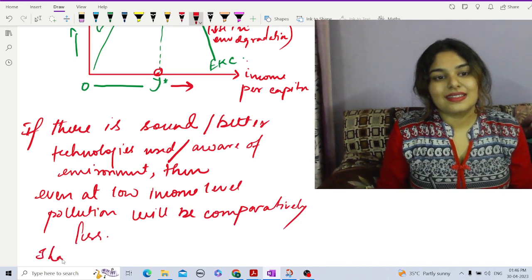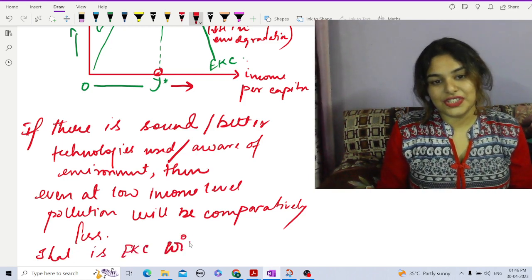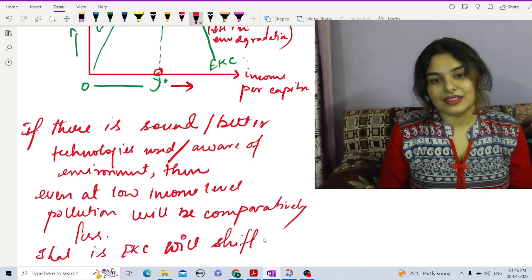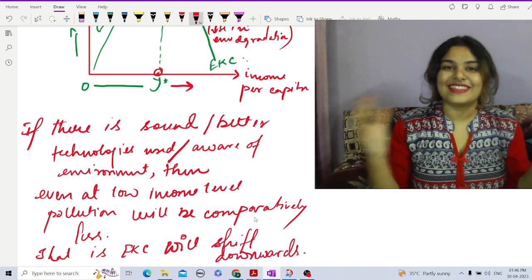That is, the EKC curve will shift downwards. So that's all for the answer.